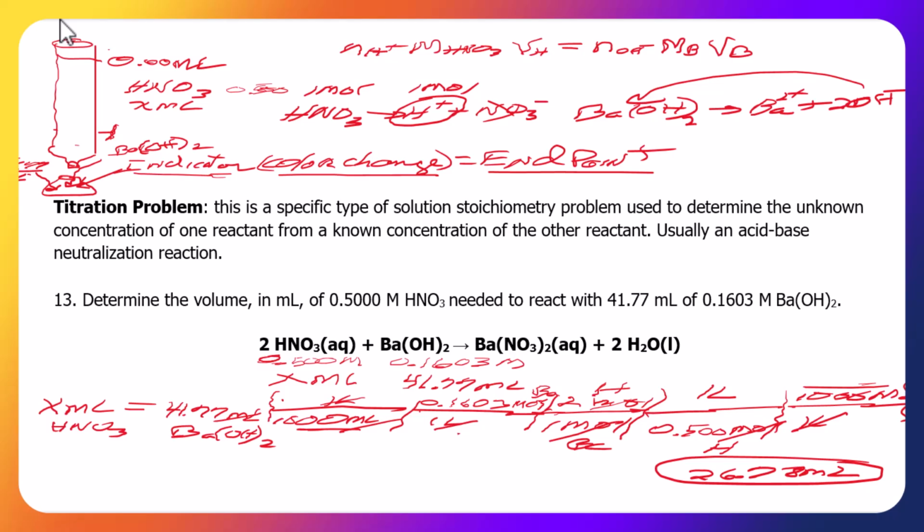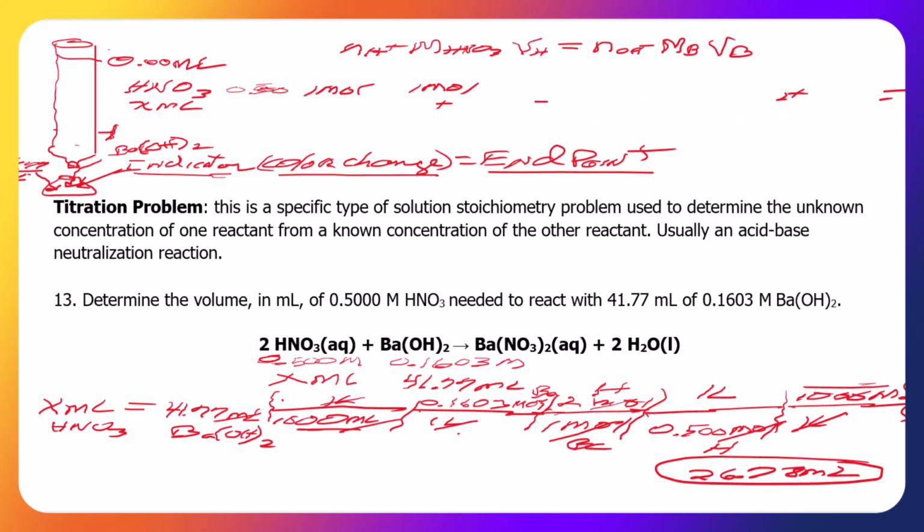If I take apart a bicycle, I get 1 bicycle seat, but I get 2 wheels or 2 tires. So it's a 2-to-1 ratio. All right, so how do I use that? And by the way, this is the reason for the mole-to-mole ratio being 1-to-2 nitric acid to barium hydroxide.